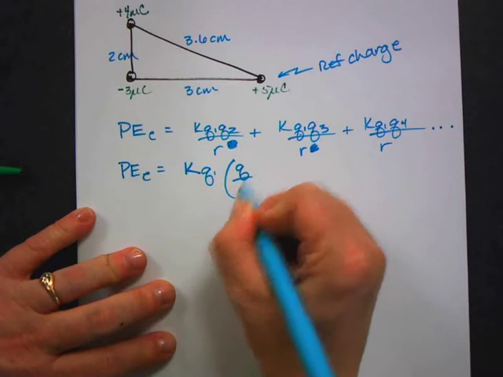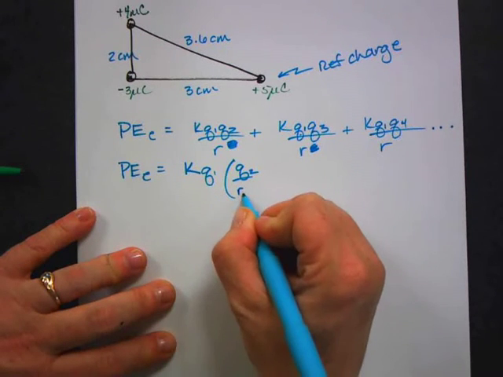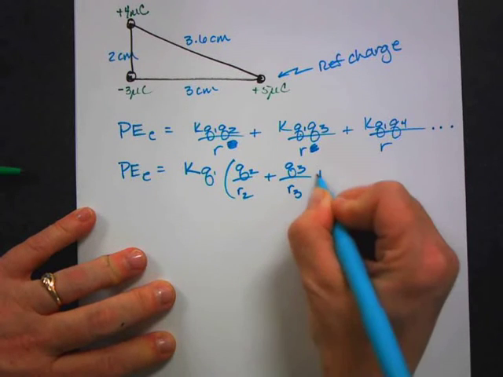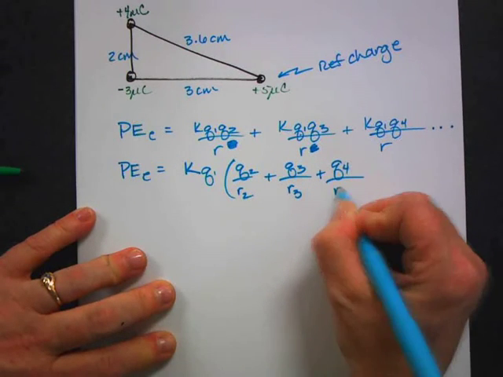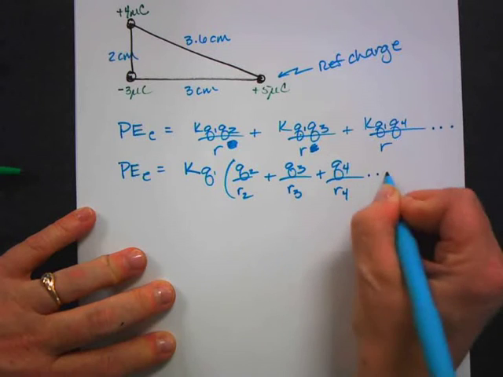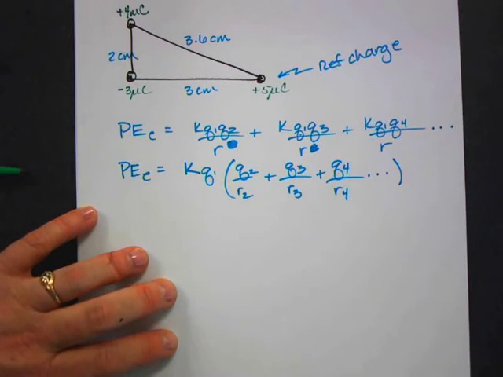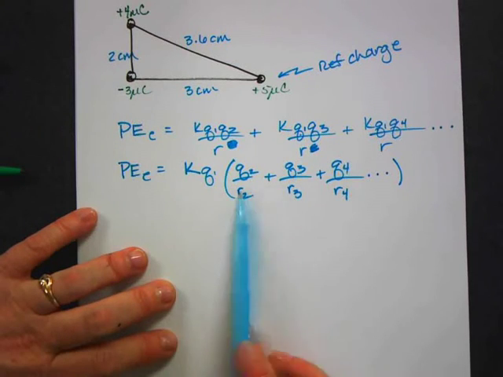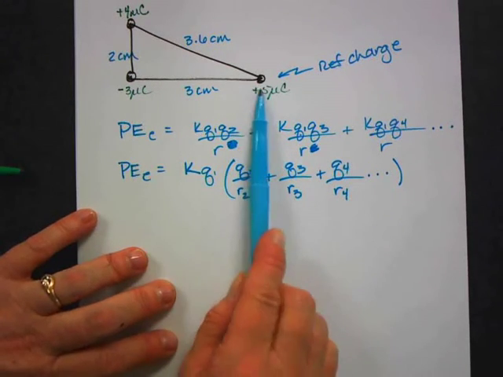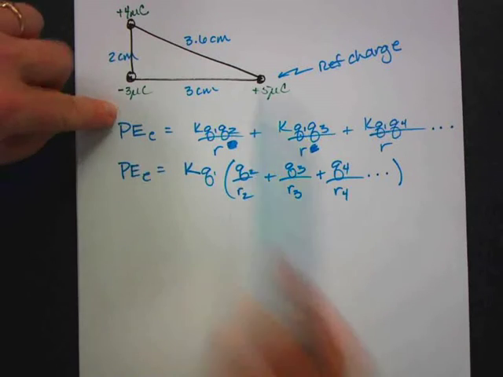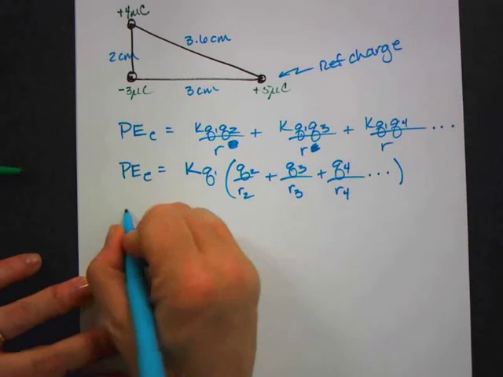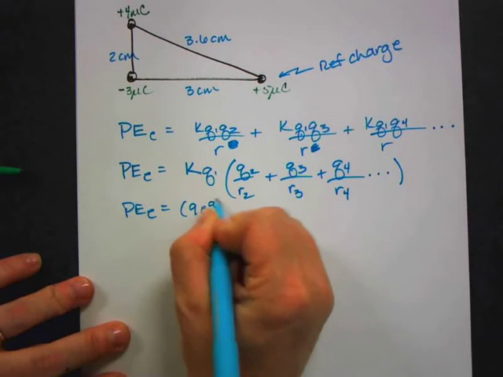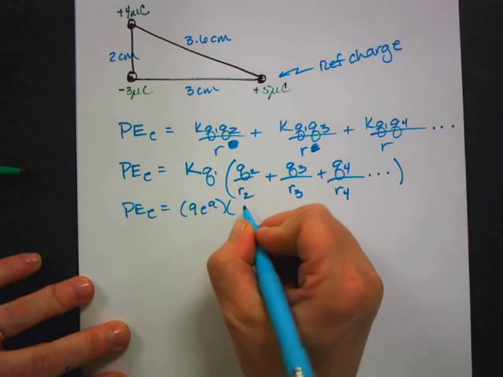It'll save you some keystrokes, and that would be to factor out the K. This is just a general equation, so it can go for as many charges as you have. In this particular case, you're only going to have 2 of them, right? Because you're comparing the 5 to the 4 and the 5 to the 3.